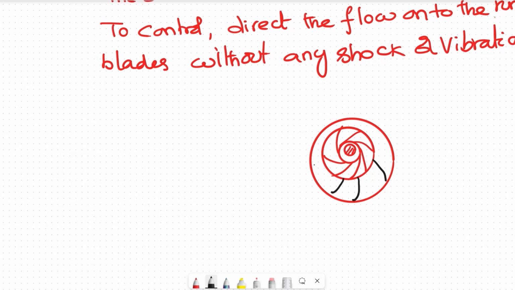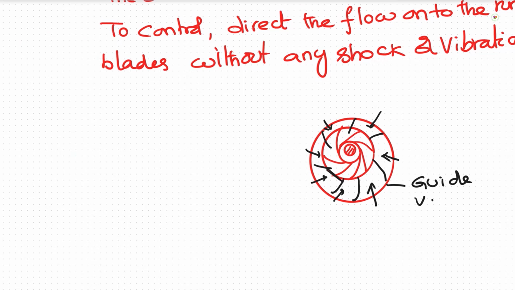From the casing, water enters into the guide blades, and these guide blades direct the water onto the runner. The width between the guide blades can be adjusted. So this is the guide vane mechanism.